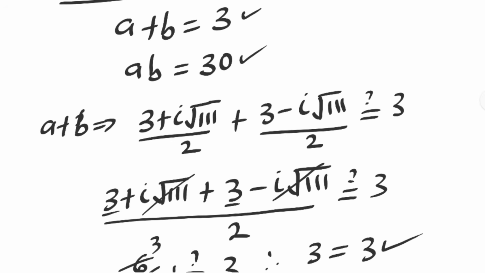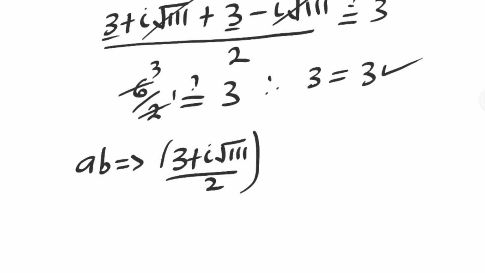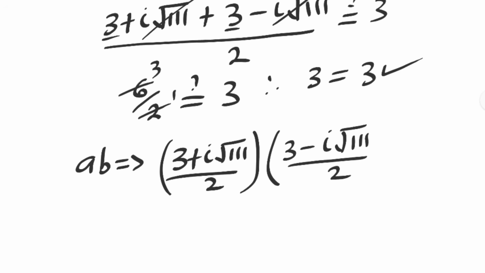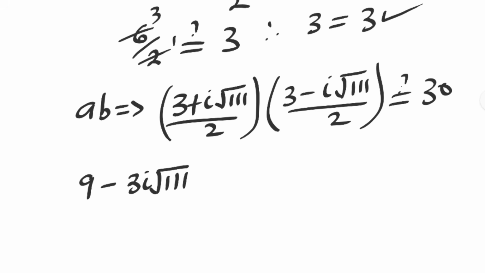Let us consider this. ab, this is 3 plus i square root of 111 over 2 multiplied by 3 minus i square root of 111 over 2 must be equal to 30. 3 times 3, this is 9, minus 3 times i root 111, this is 3i square root of 111.